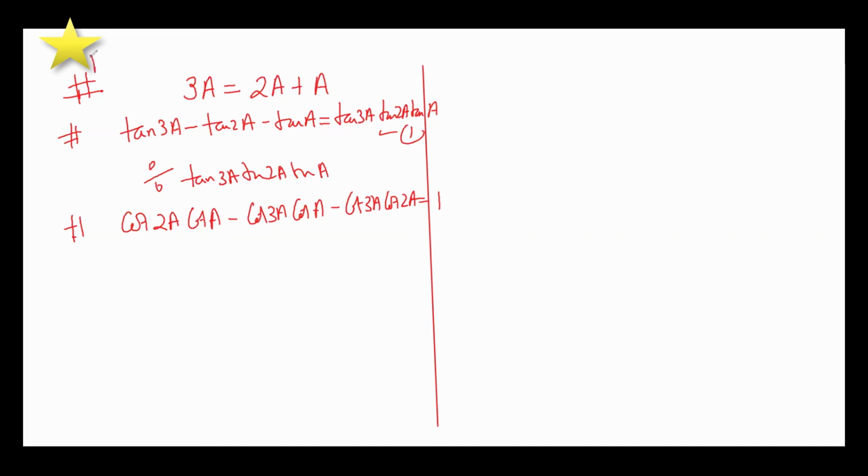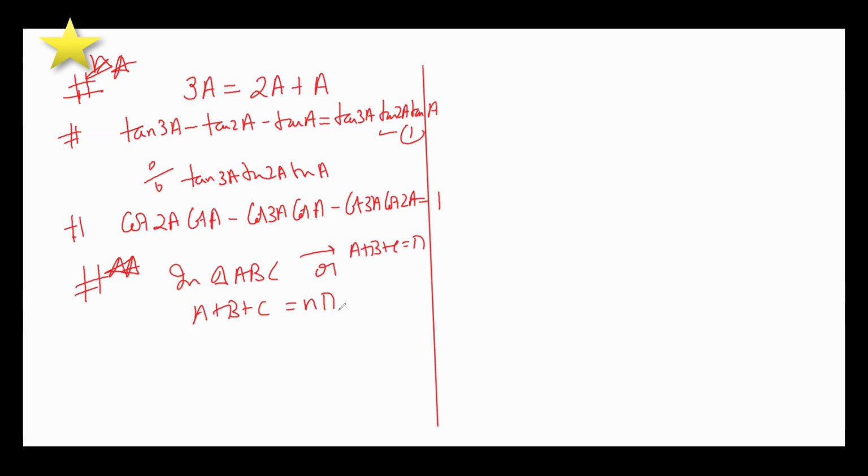But one more important result of tan is, whenever it is written in a triangle ABC, or A plus B plus C is equal to n pi. Whenever it is written that in a triangle ABC, then A plus B plus C is equal to pi.